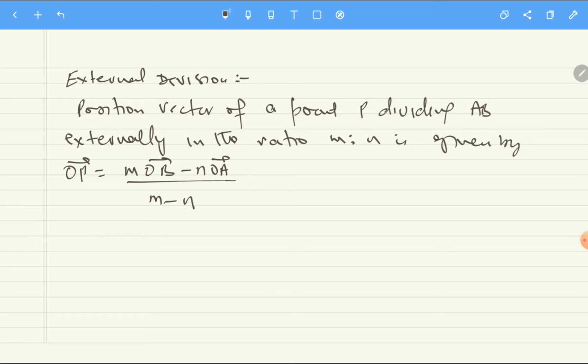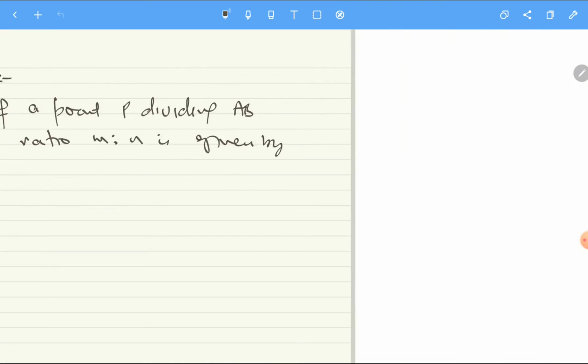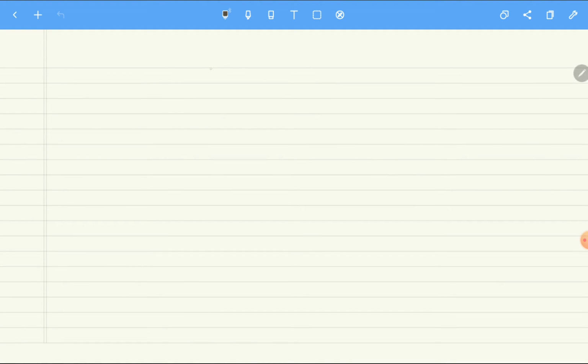Now let us discuss its proof. Here we have 2 points A and B, and we are taking the case m is greater than n. R is a point dividing AB in the ratio m part is to n part, m is to n.